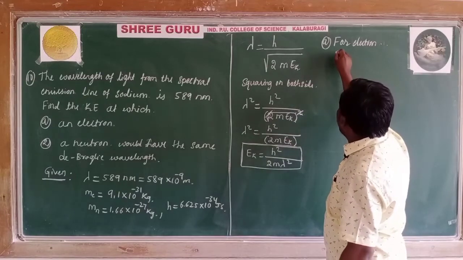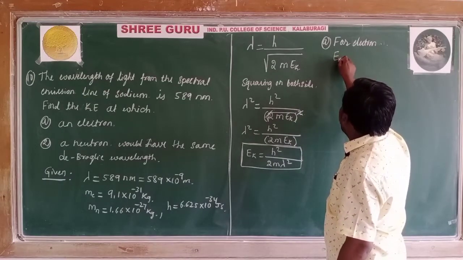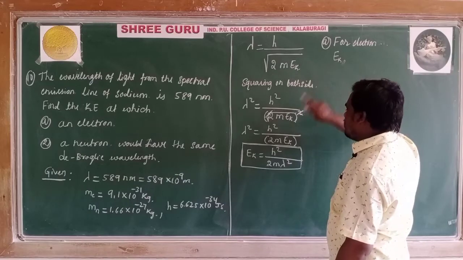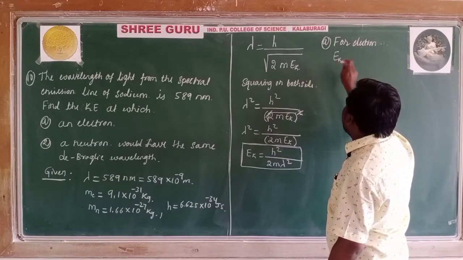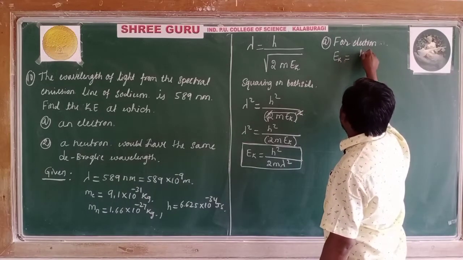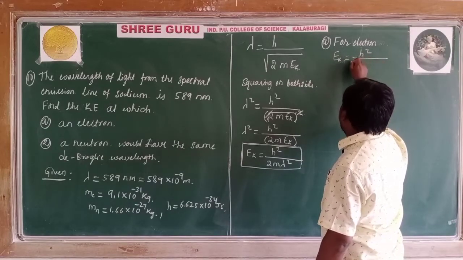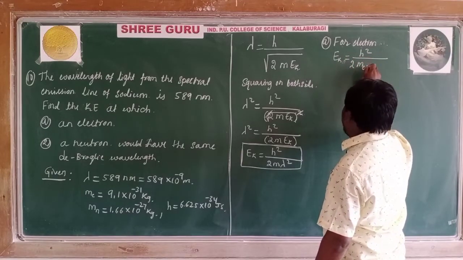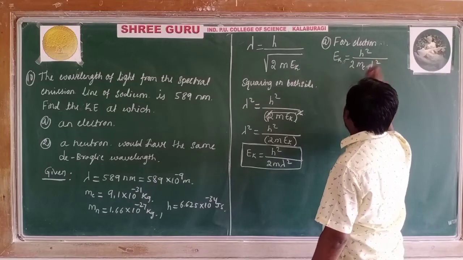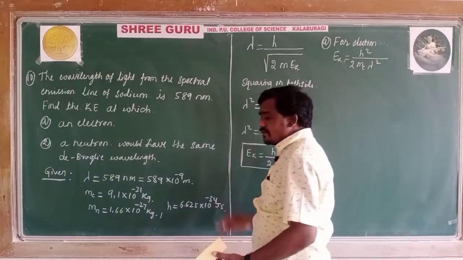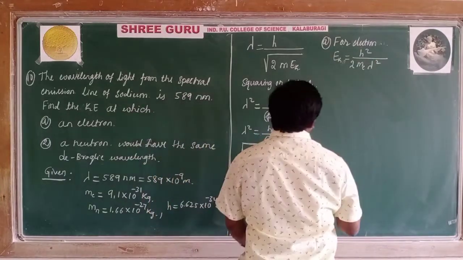What is the formula? For the electron, kinetic energy is h square by 2 times the mass of electron into lambda square. All the values we know, just the substitution remains.